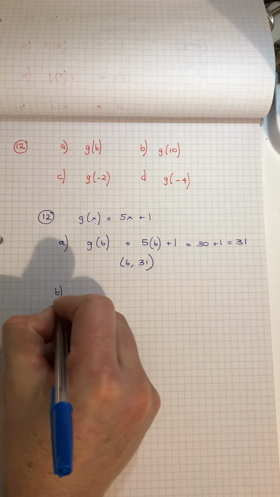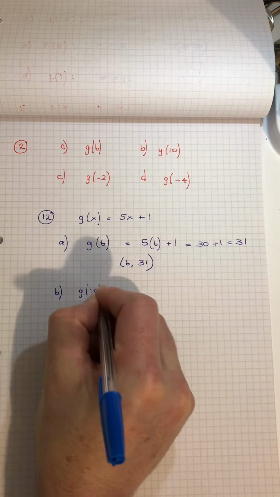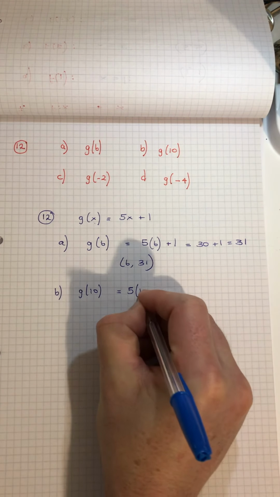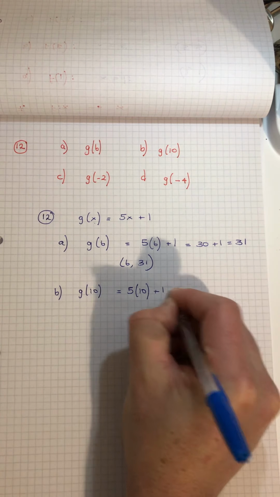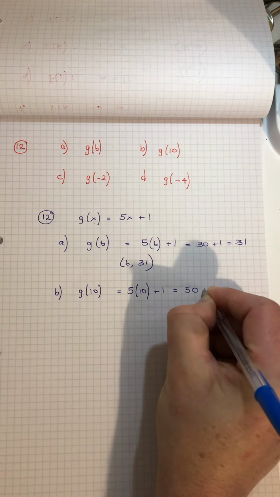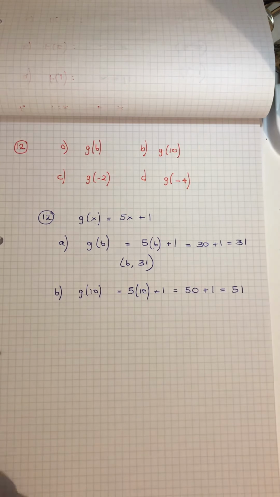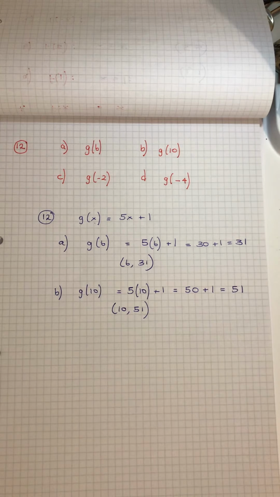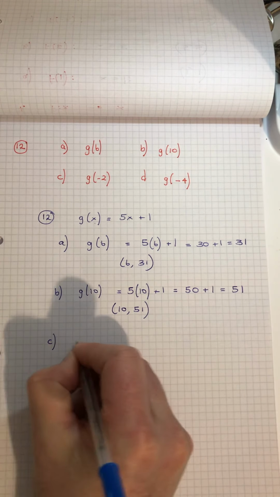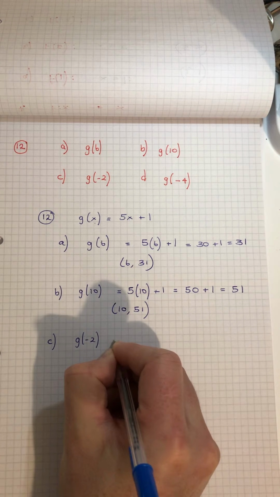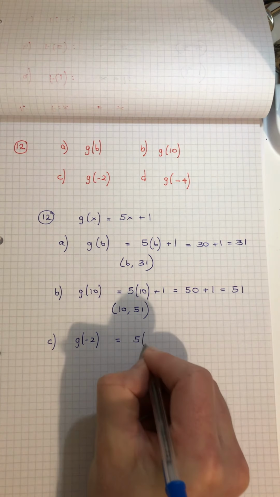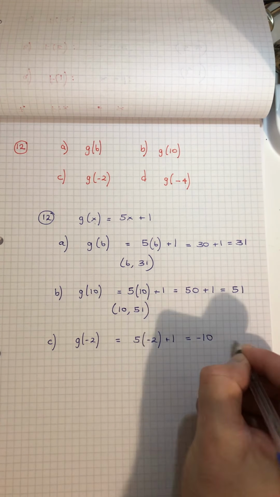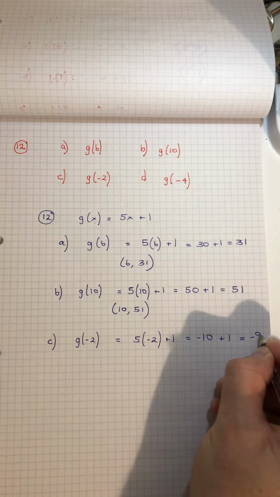For part B, g of 10 will be equal to 5, x is 10, so 5 and in brackets 10 plus 1. 5 times 10 is 50, plus 1 is 51. So when I put in 10, I get out 51. For part C, g of minus 2, 5 times minus 2 for x plus 1, which is minus 10 plus 1 is minus 9.